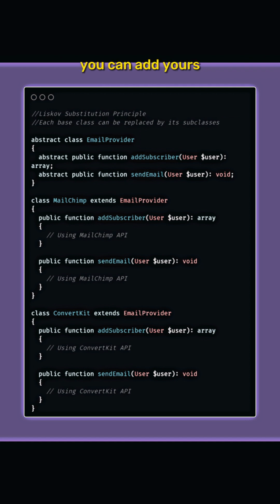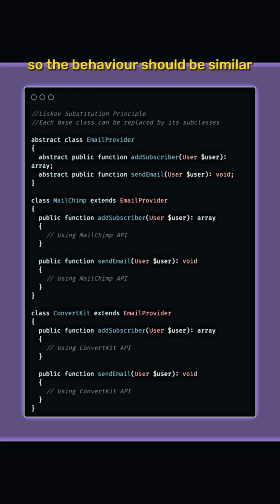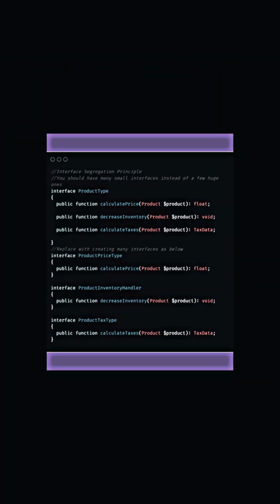You can add yours. We use both MailChimp and ConvertKit, either in registration or in our campaigns. The classes should behave exactly the same way no matter what. It should not matter whether the current email provider is MailChimp or ConvertKit. The behavior should be similar.